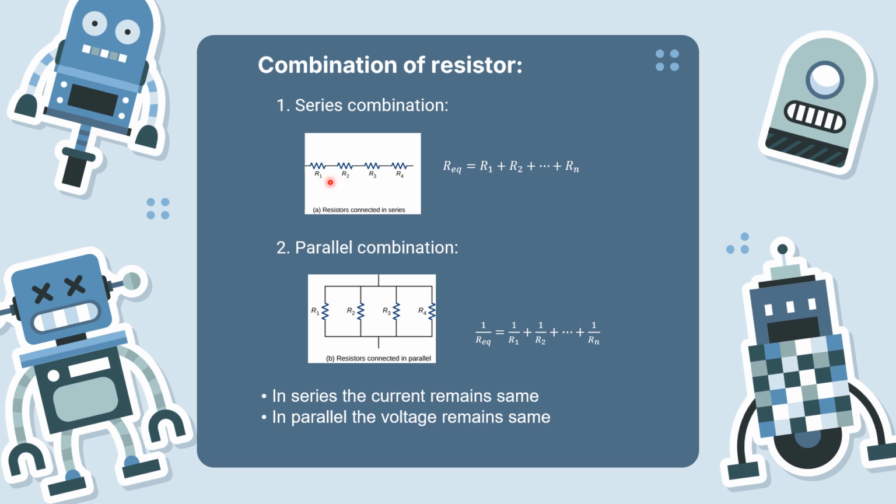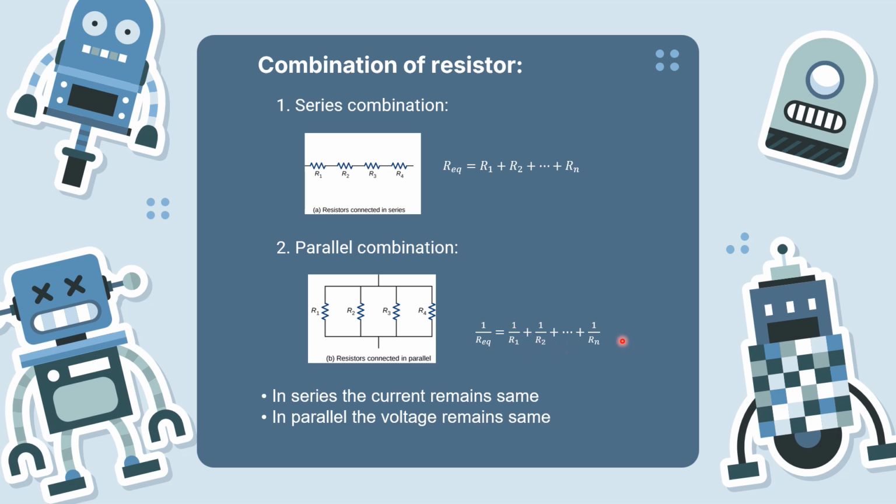As you can see, we just need to add them together, R1, R2, R3, R4, and this is the equivalent across the two ends of all the resistors. But in parallel, they must be added together in reverse order, which reduces the equivalent resistance value. As you can see, if we want to know our equivalent resistor, we need to add them in reverse.